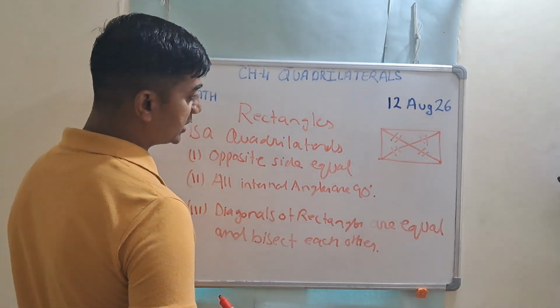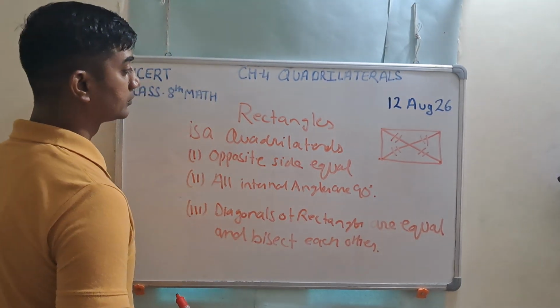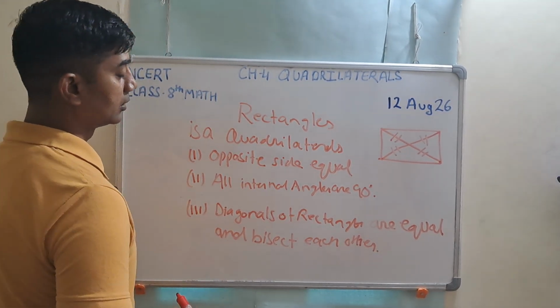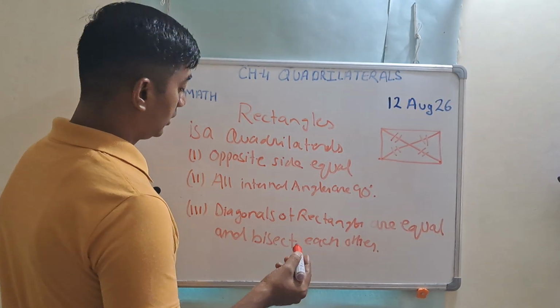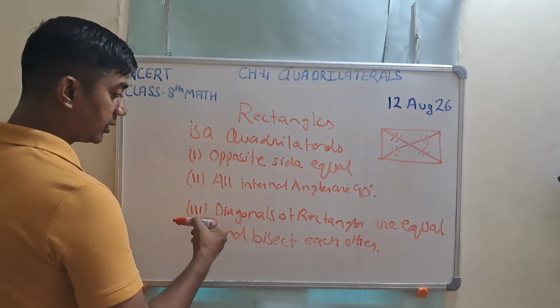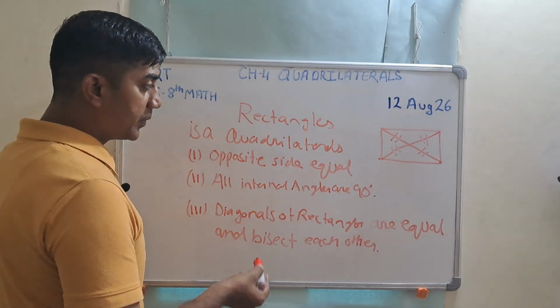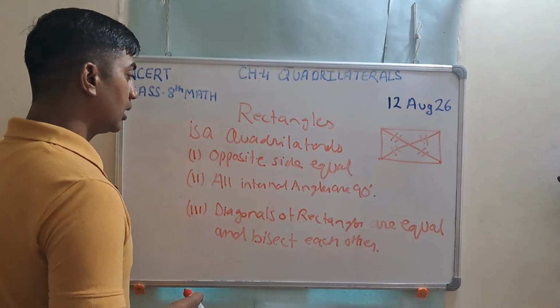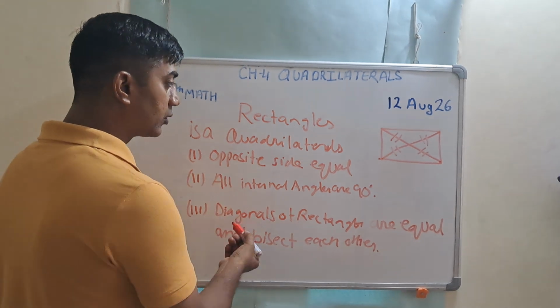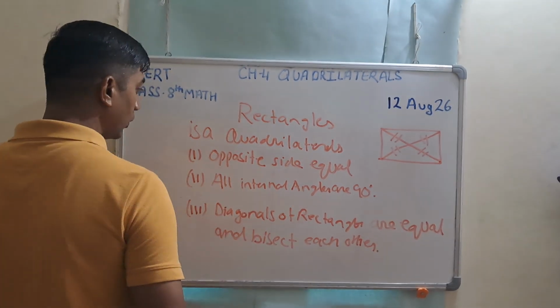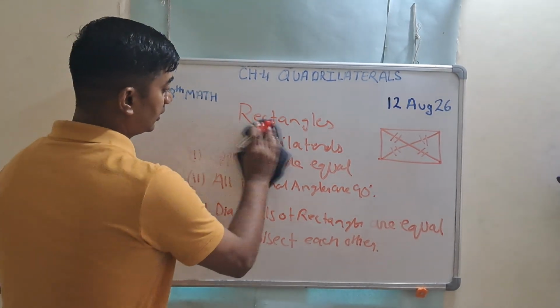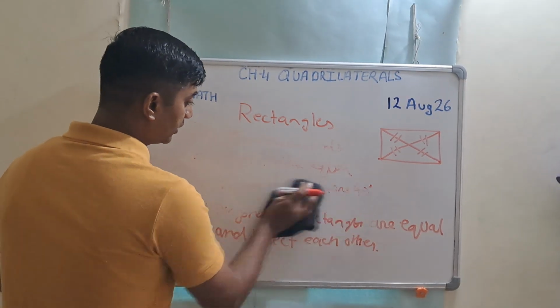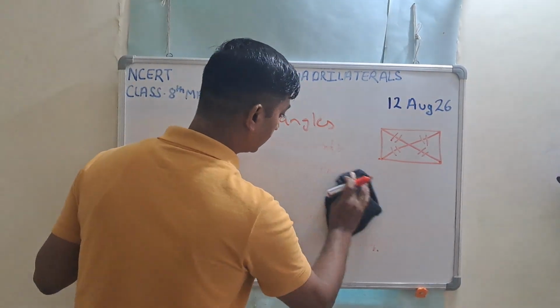So this is the additional information which we have concluded from this chapter. And what more information have we concluded? The fourth property about the rectangle we will see, and then we will include it in this list. What is the fourth property about the rectangle?